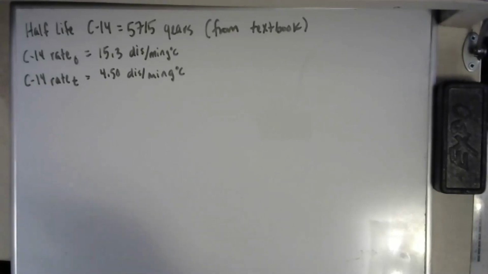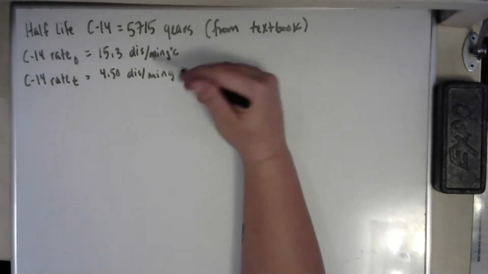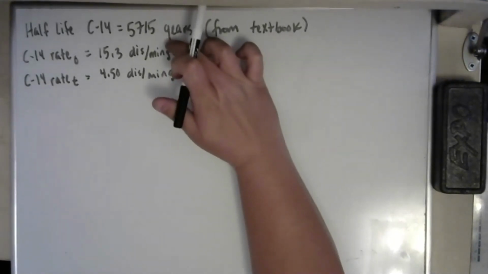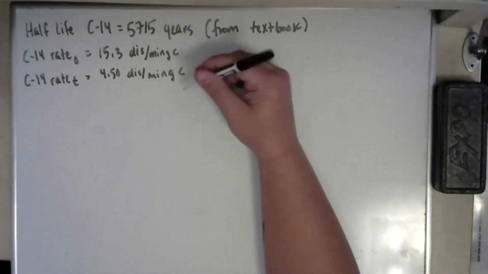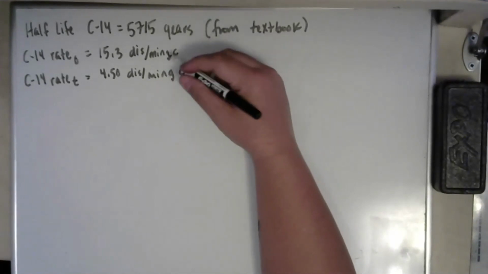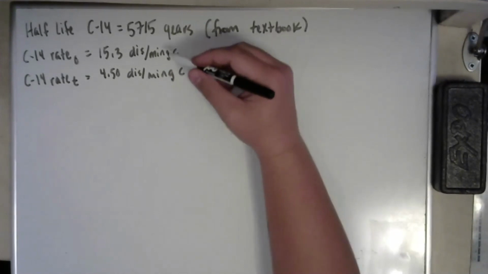And that the skull they're looking at has a decay rate of 4.50 disintegrations per gram carbon. I meant to write a little multiply sign. I wrote degrees over here. Oh well. So this is going to be our initial rate.